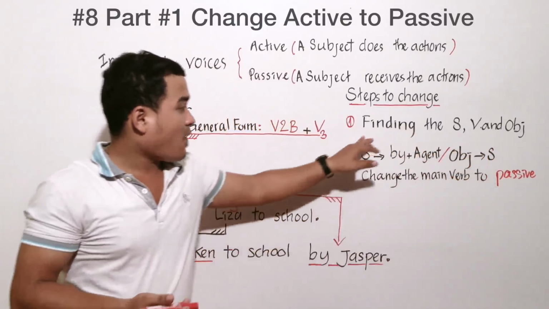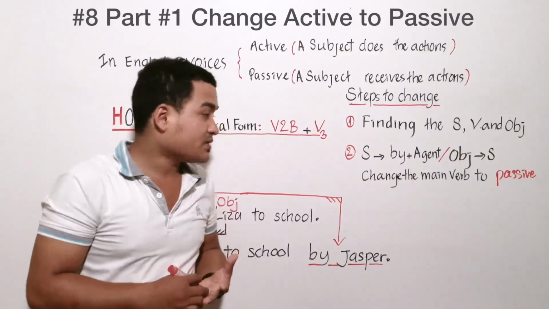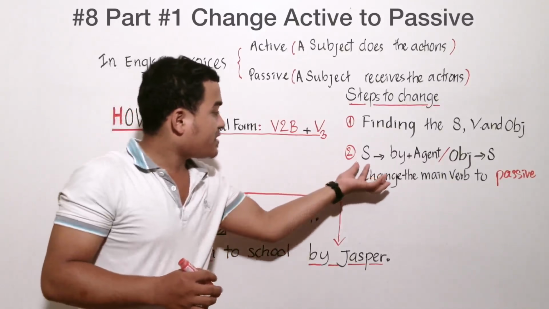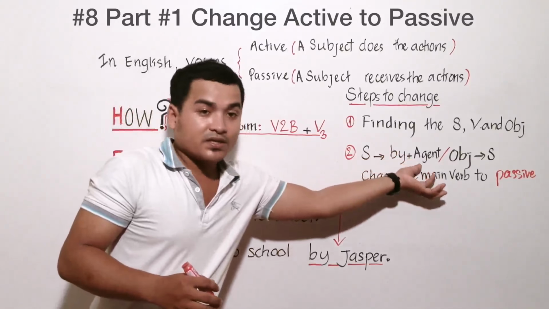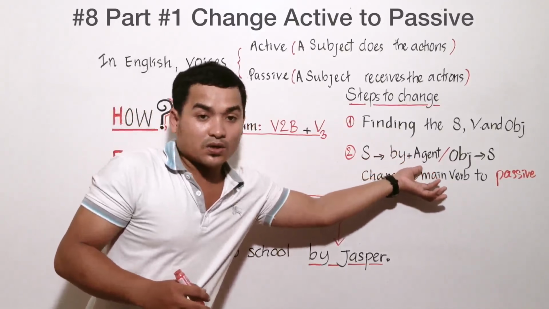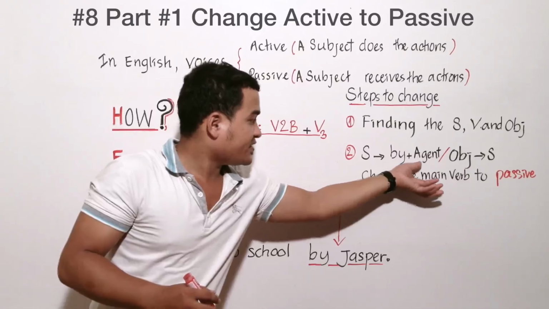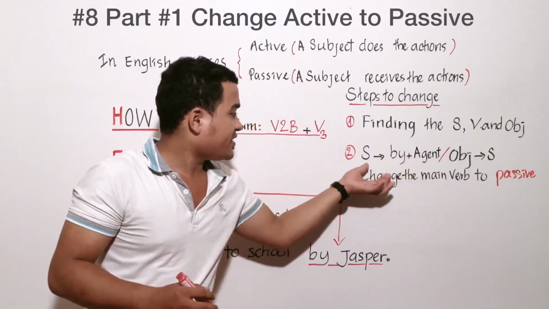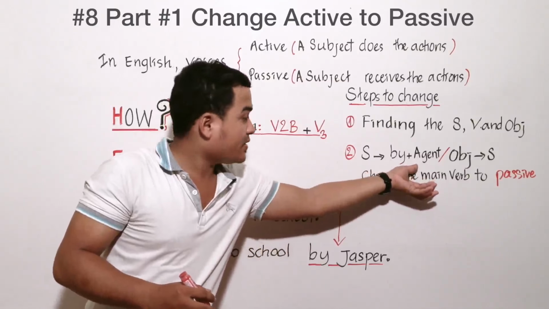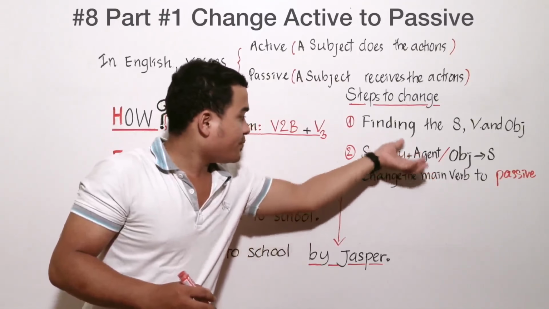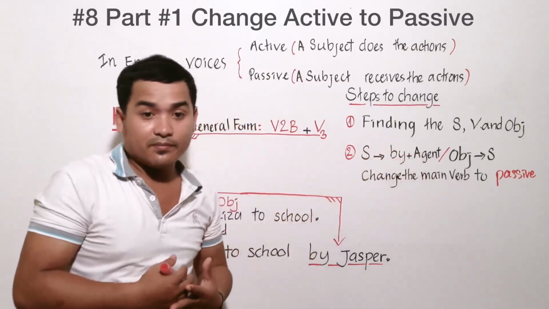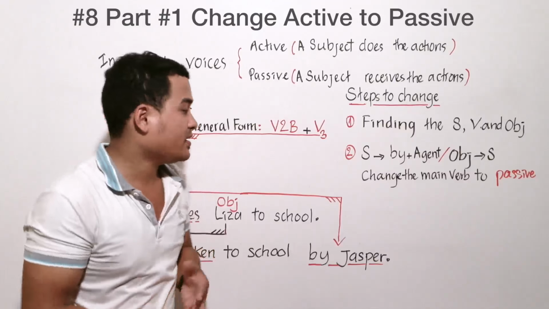And if you found all of them in a sentence, please change subject to agent. Agent is a doer, okay? Because the subject here is going to become the agent in the passive, and then put it after the preposition by.